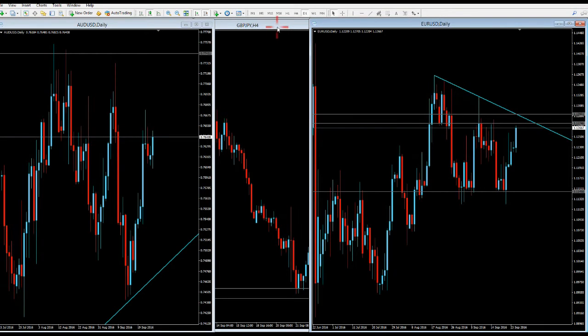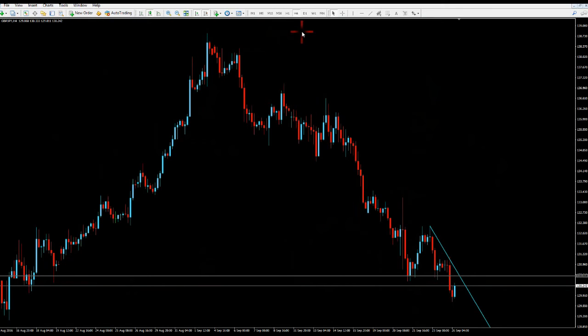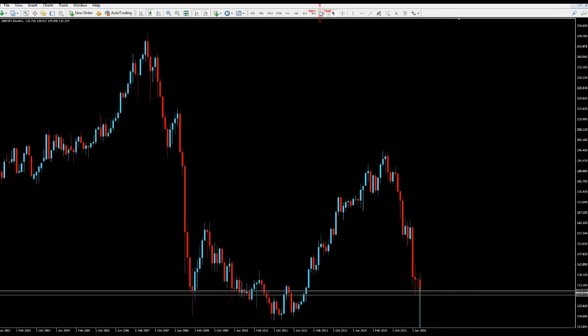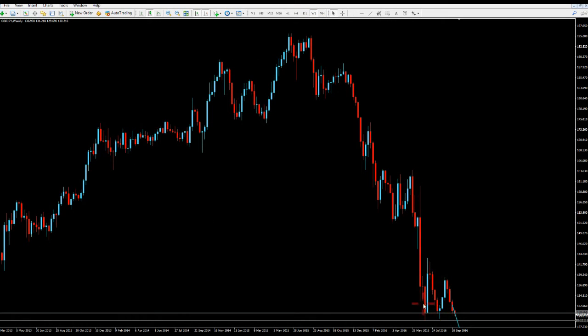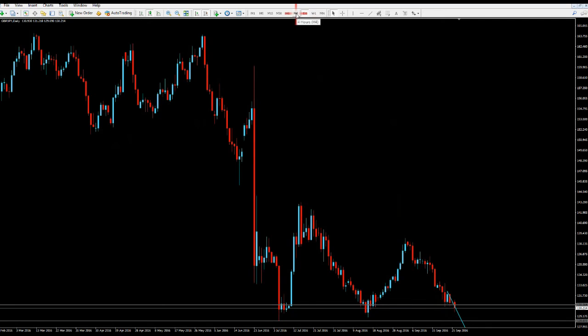So GBP and Japanese yen, if we go to the weekly chart, we see it's a double top here, or double bottom if you wish, kind of the textbook version.